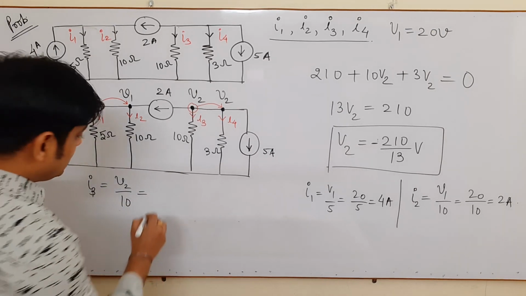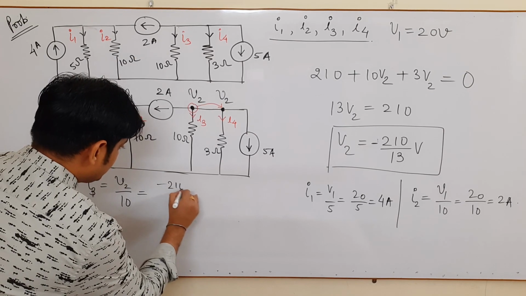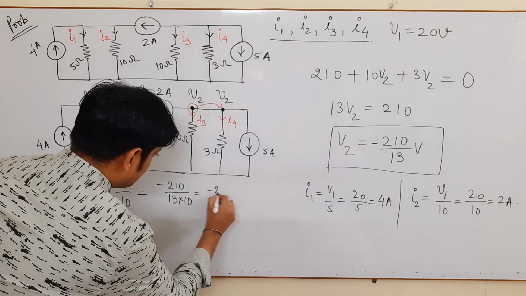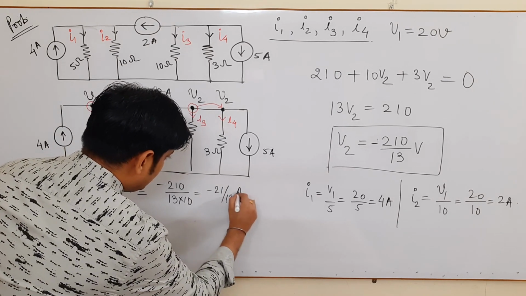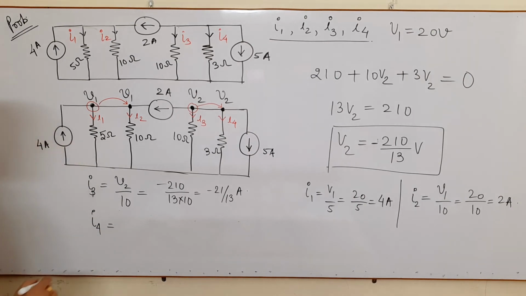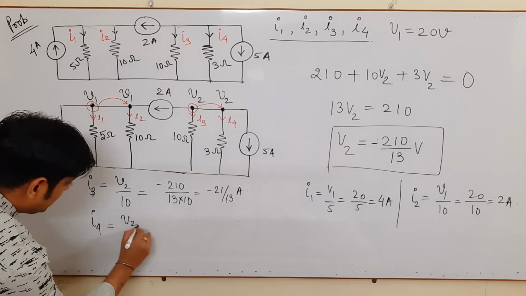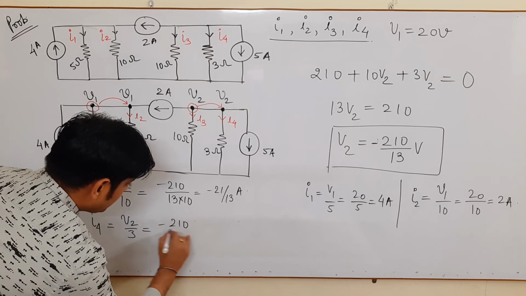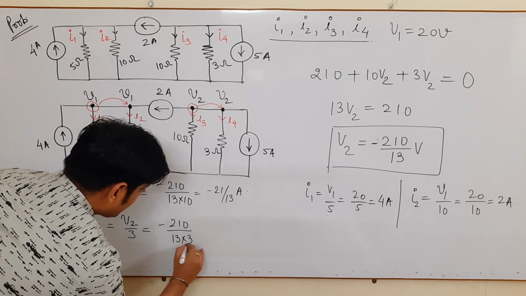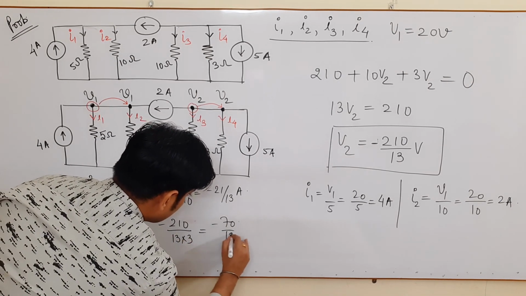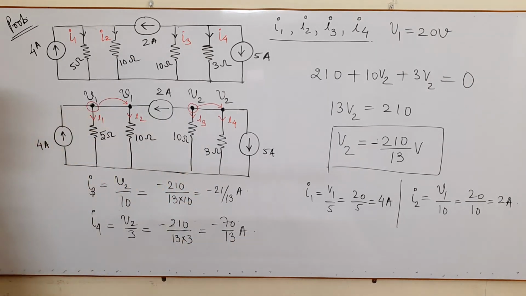V2 is minus 210 upon 13, again into 10, so that comes to be around minus 21 by 13 ampere. Similarly, if you find the value of I4, that is V2 by 3. V2 is minus 210 by 13 into 3, or you can say it is minus of 70 by 13 amperes.